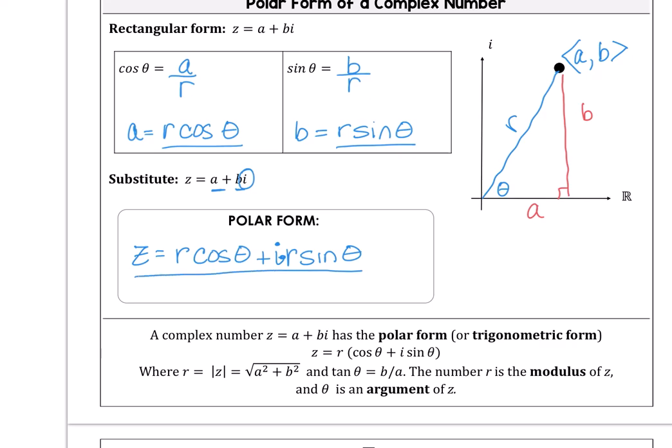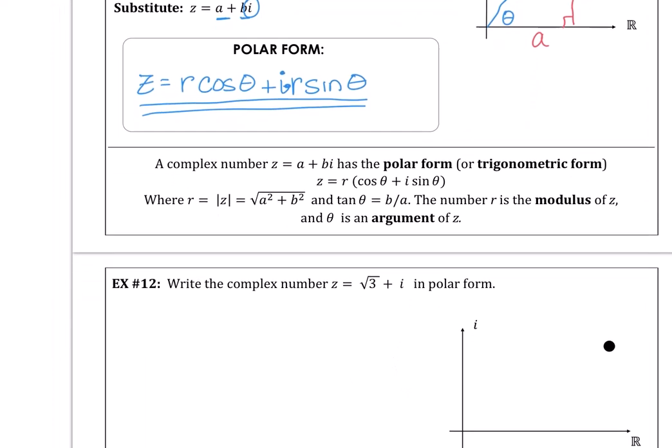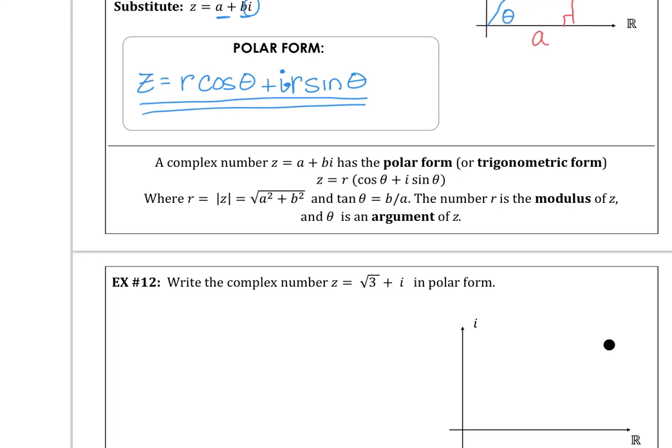That's called polar form of a complex number. A complex number has the polar form or trigonometric form. This is what we just wrote. They factored out the r, and the magnitude is the hypotenuse. The angle is the b over a, and the number r is called the modulus of z, and the theta is called the argument of z.